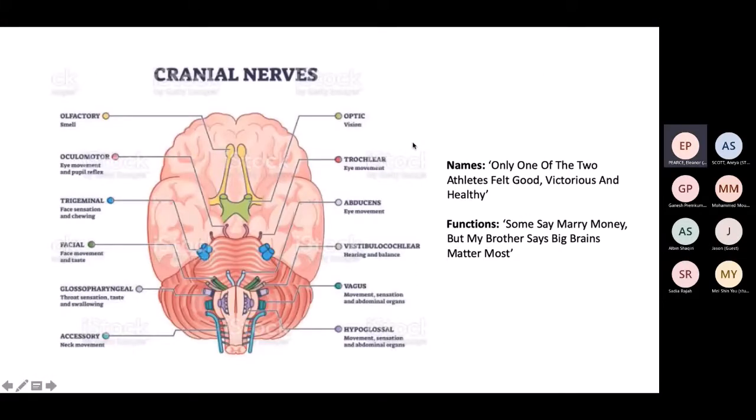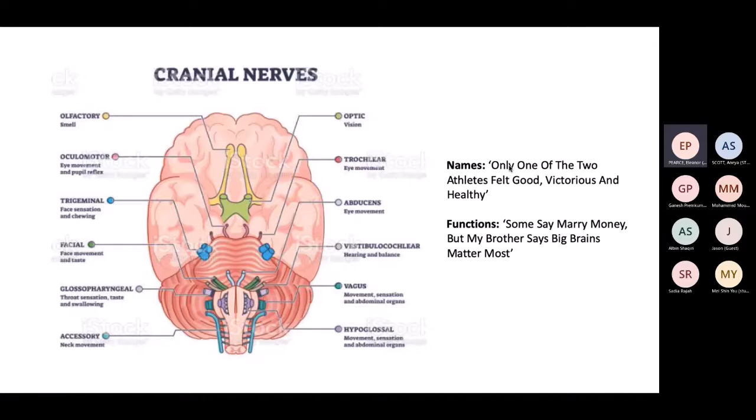And then I think Ganesh went over this already, but cranial nerves, here's just a brief overview of your cranial nerves and some good ways to remember these. We learned some slightly more rude ones in medical school, which is probably not suitable for this presentation, but I found a good sort of clean mnemonic for the cranial nerves. For the names: only one of the 2 athletes felt good, victorious and healthy.